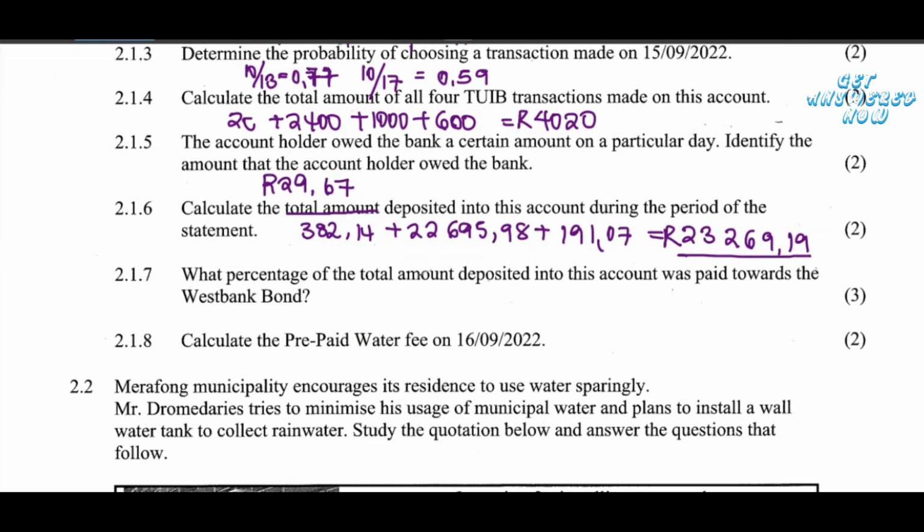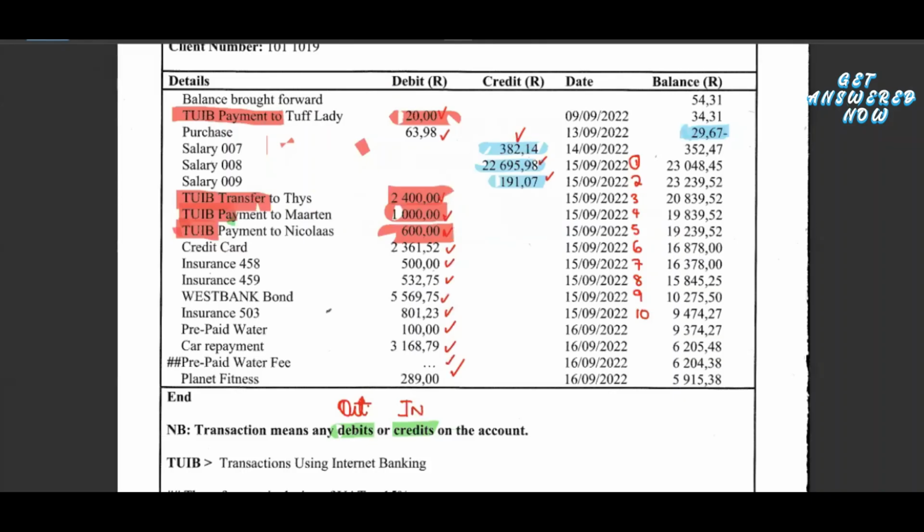What percentage of the total amount deposited into the account was paid towards the bond? They are asking, of the total amount deposited, how much was paid to the bond. So you have to go back here. The bond is here. Of the answer we've got there, what percentage does this contribute?